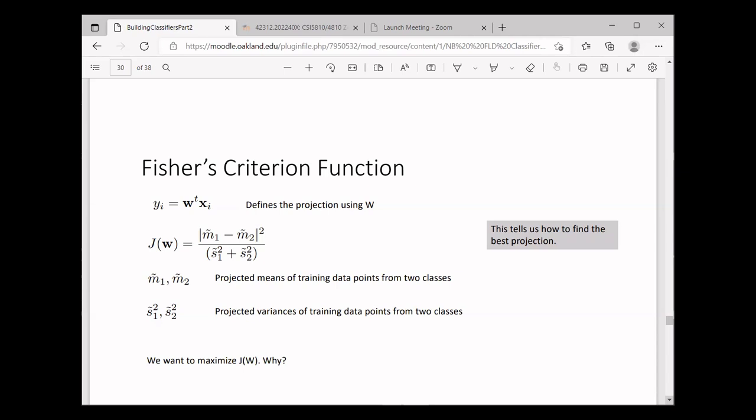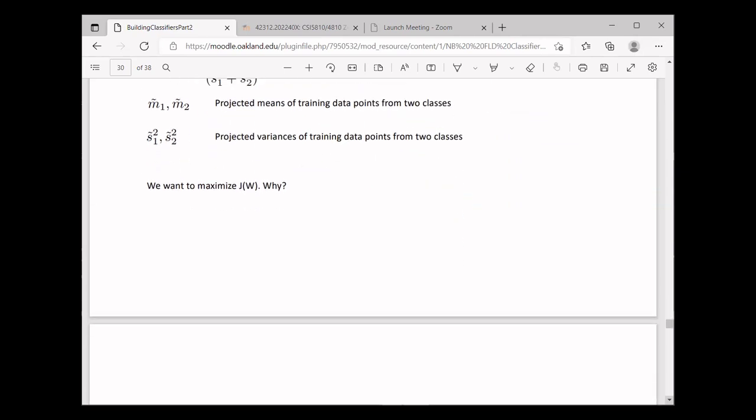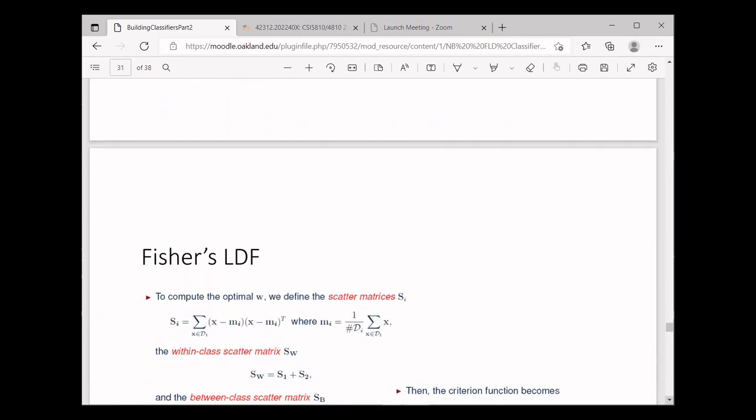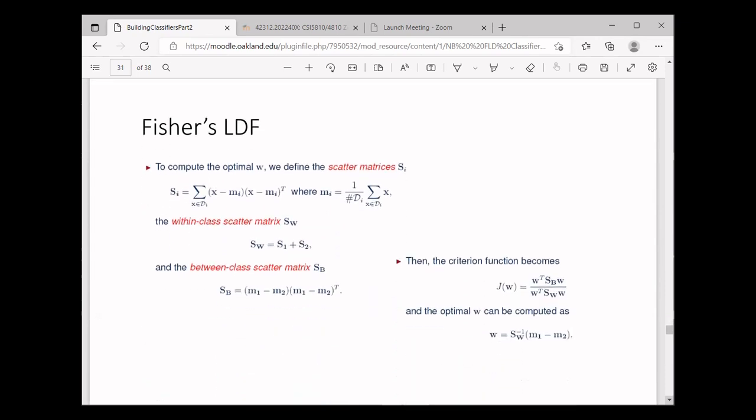So basically what you want to do is find a weight vector W which will maximize this criterion function. Now, we are not going to go through the derivation, how one can derive such a weight vector through a few steps of optimization or maximization.